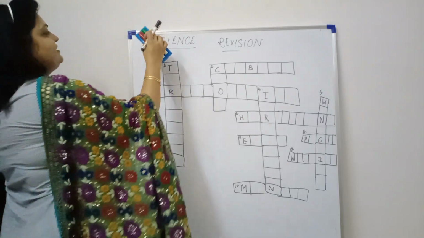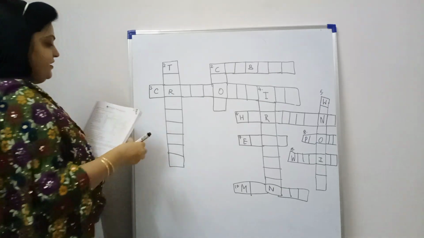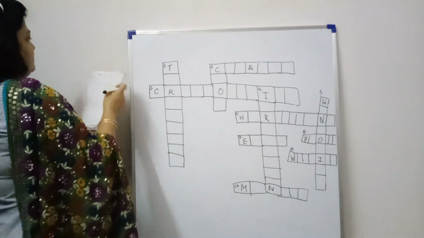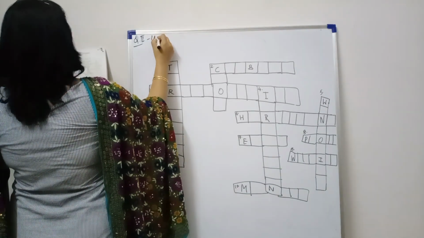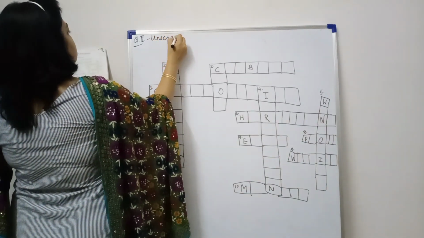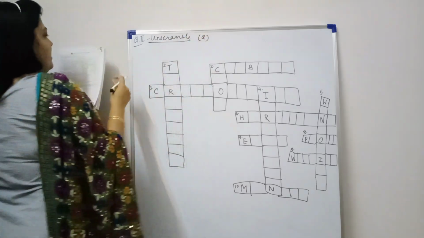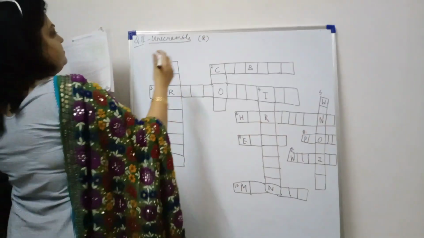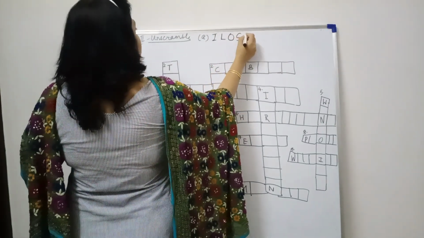Now, second exercise is you have to unscramble some words. So, let's see which all letters do we need to unscramble. So, second part is unscramble. So, what all is given to us? That is number 1, which is ILOSS.